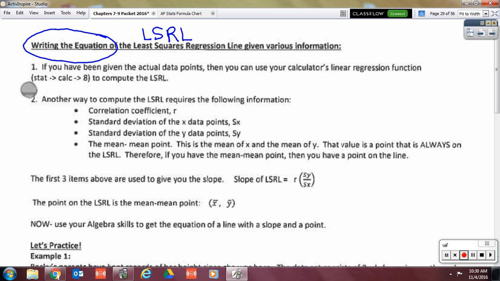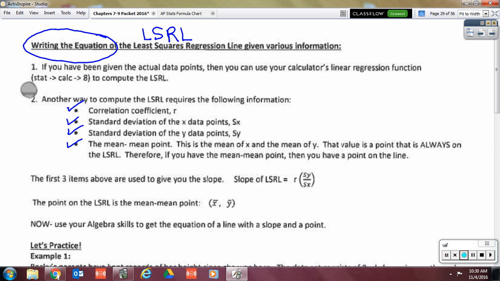So the other way that we can do this is we have to be given the correlation coefficient, the standard deviation of the x data, the standard deviation of the y data, and then the mean point. So the mean of the x's and the mean of the y's.